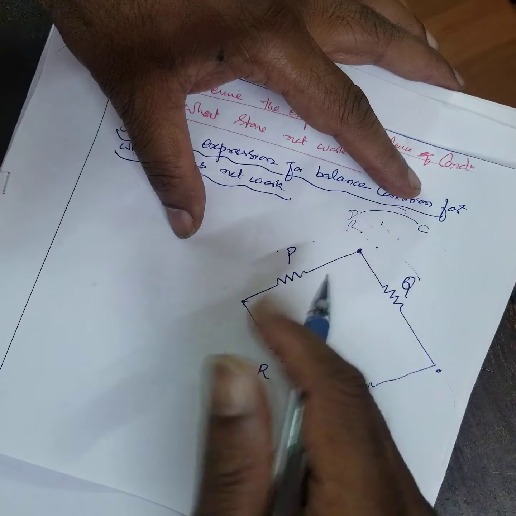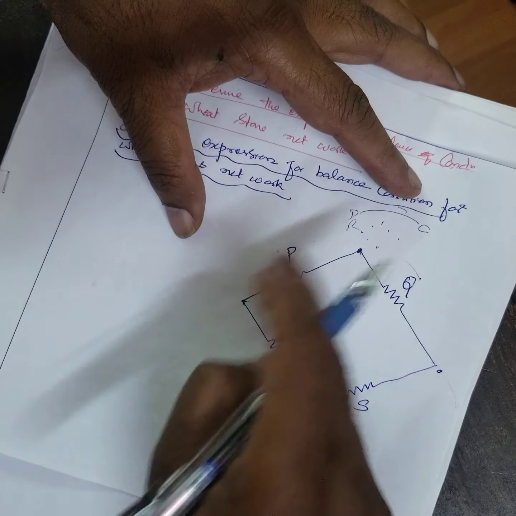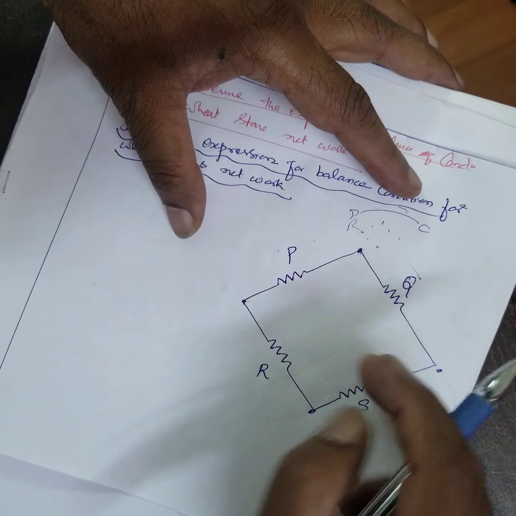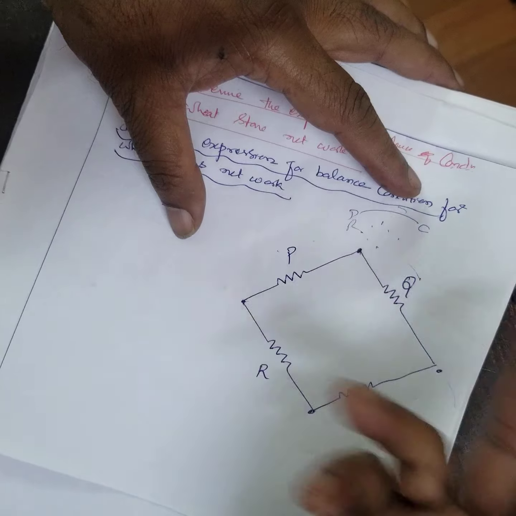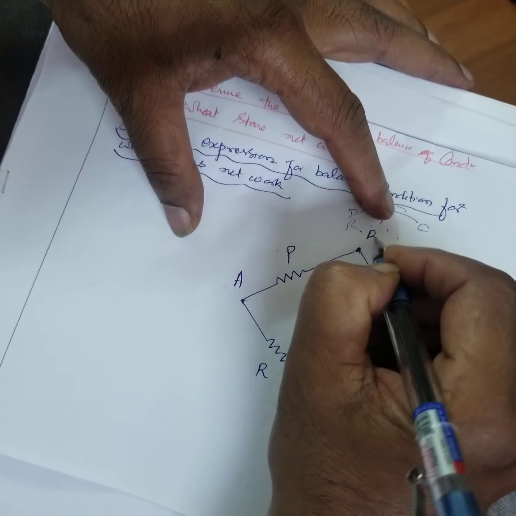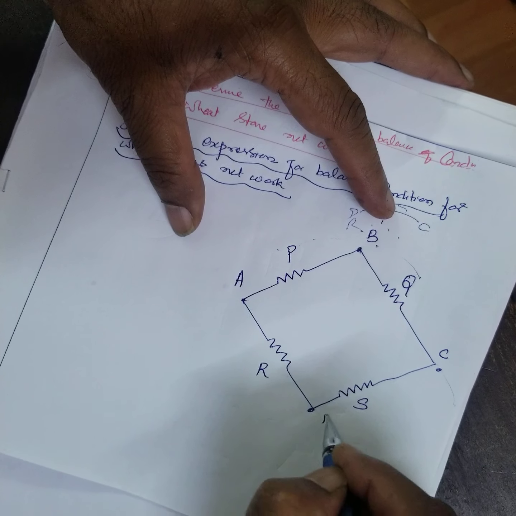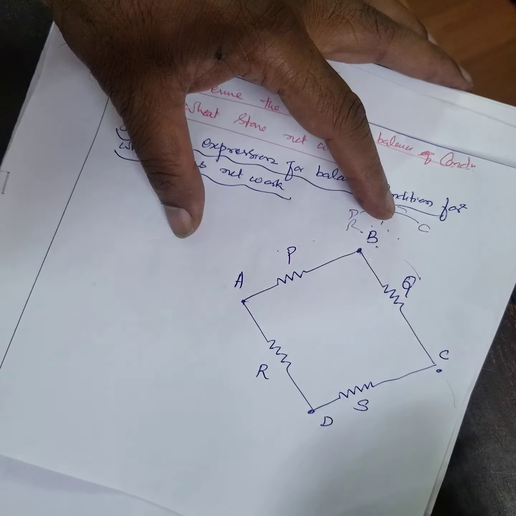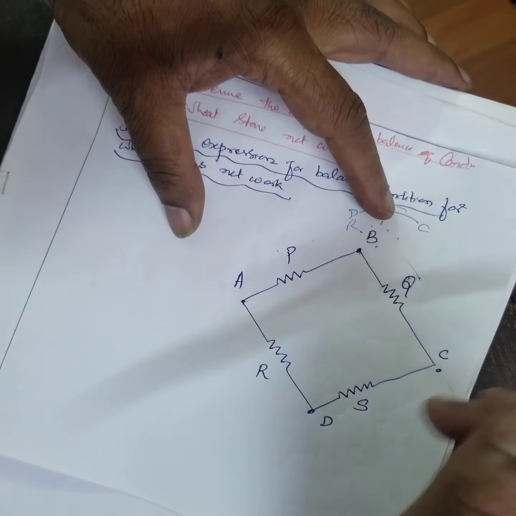I don't know why they do it like that. You could write them differently, but most of them use this convention. I also don't know the reason. And the points are A, B, C, D. All points are given here, A, B, C, D.